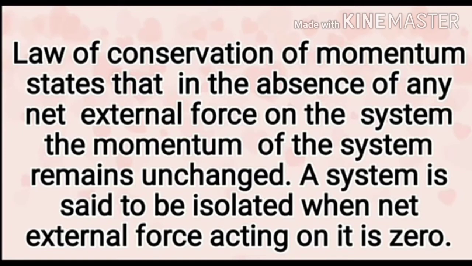That means unless a net external force acts on a system, whatever momentum is there before, the same momentum is there afterwards. It does not change. That is the law of conservation. Whatever is there doesn't go away. That is what conservation means.